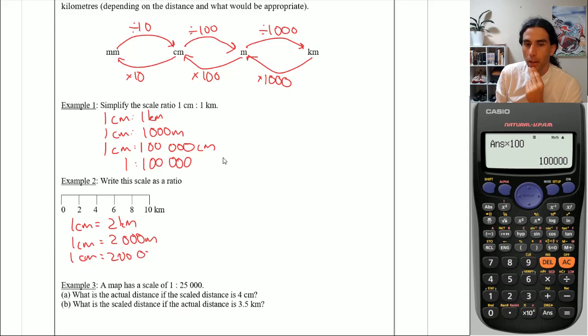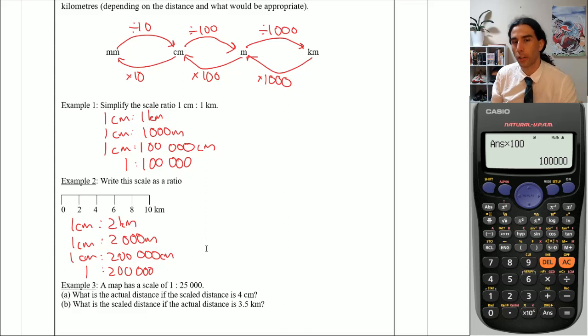So times by 100. So it's 1 to 200,000. Now I just realized I've got some equal signs going on there. But we're doing ratios here. So let's use this instead. It's a nicer way to do it.